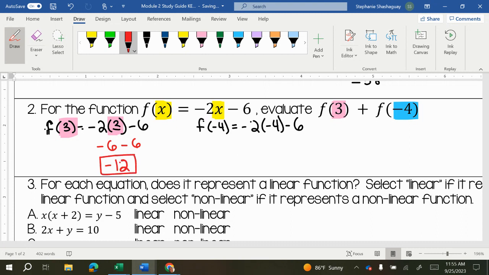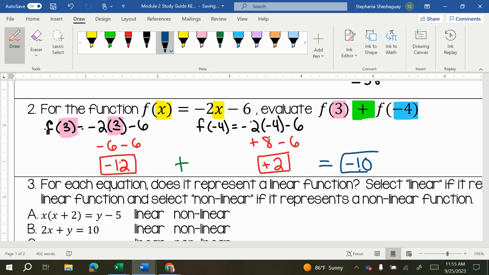Over here, -2 times -4 becomes a +8. And then 8 minus 6 is 2, a +2. Because what I'm doing here is adding those together, I can simply add -12 plus 2, and that's going to equal -10. So the answer here is -10.